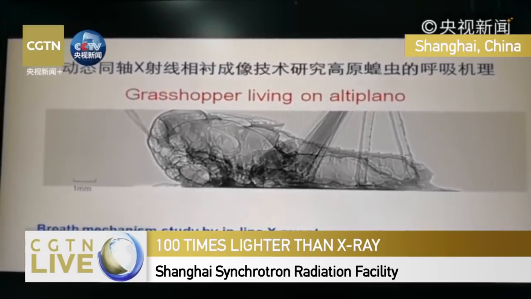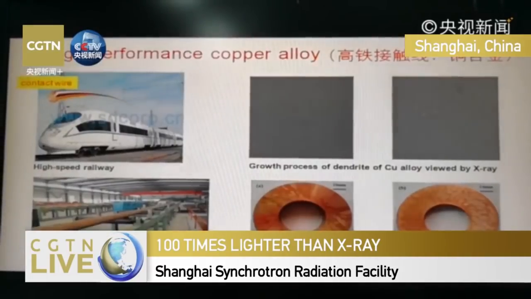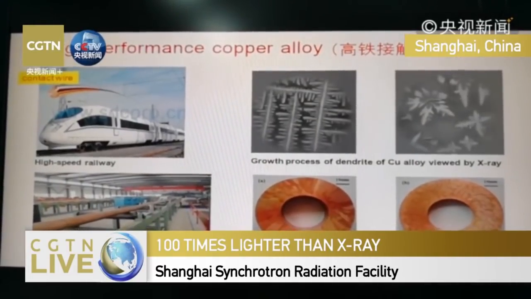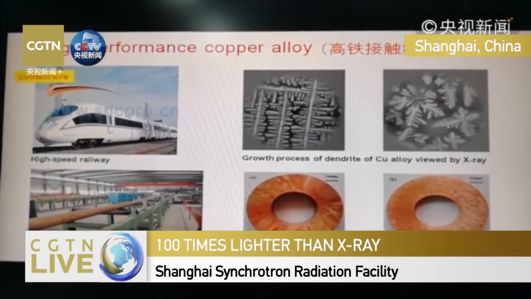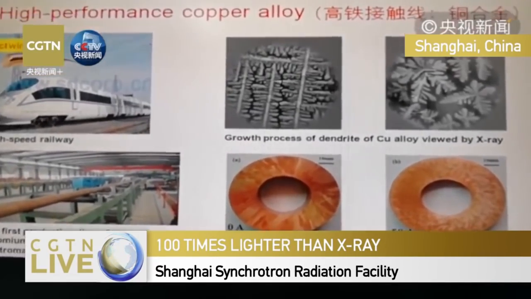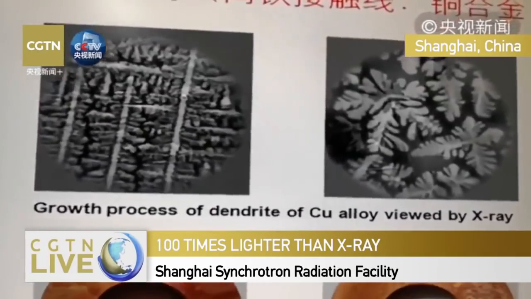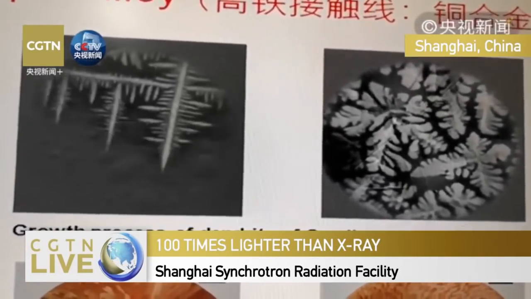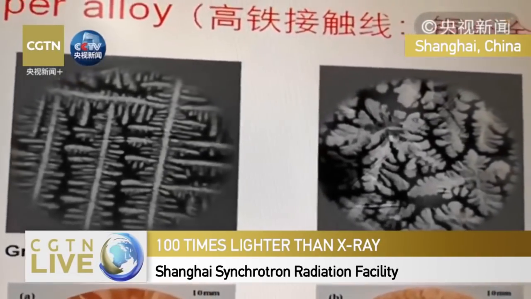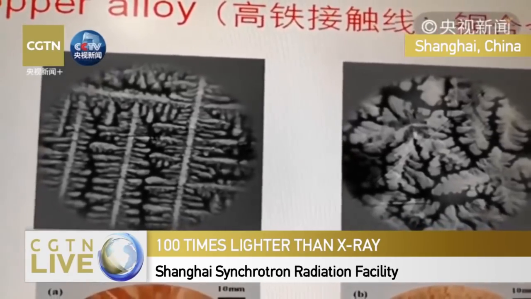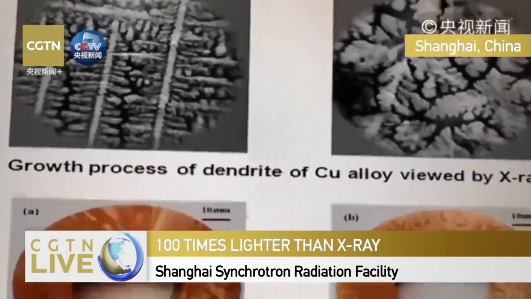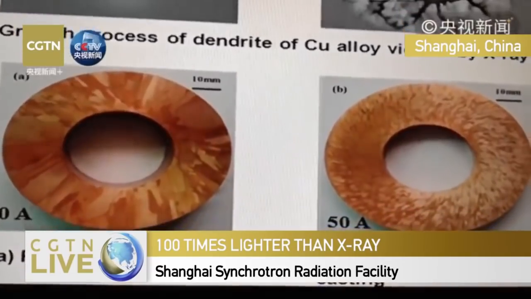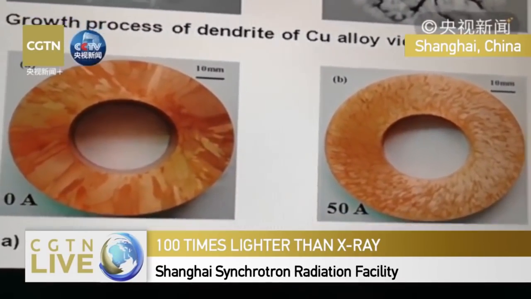So the imaging is closely related to this special kind of ray, this synchrotron radiation. And now we can see this experiment is related to the high-speed railway. So we can see the growth process for the different crystal, the alloy.